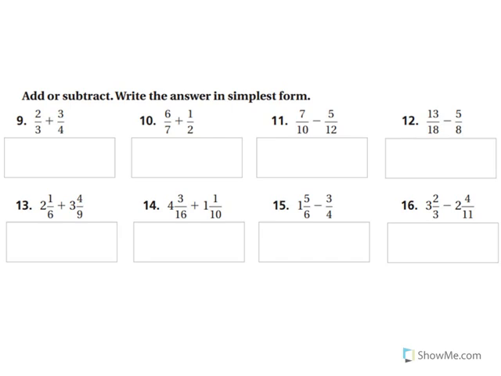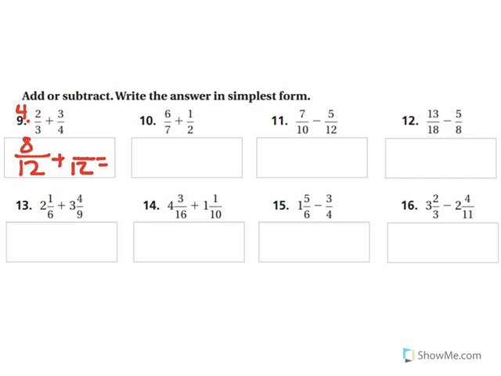All right, so for 2/3 and 3/4, I'm going to rewrite them to begin with. I know these are both going to be twelfths. So these are both going to go over 12. So 2/3 you're going to multiply by 4. 3 times 4 is 12, 2 times 4 is 8.